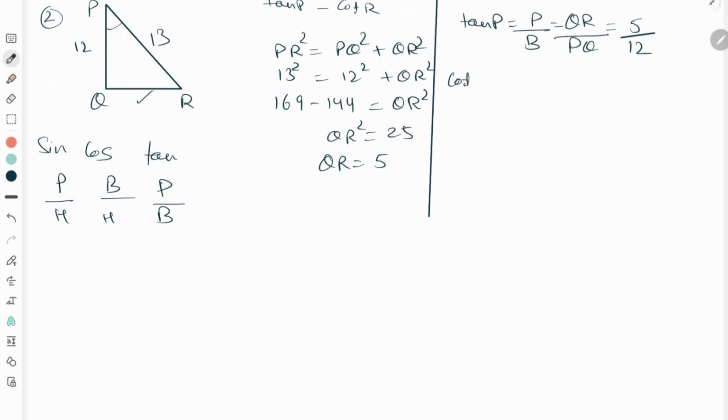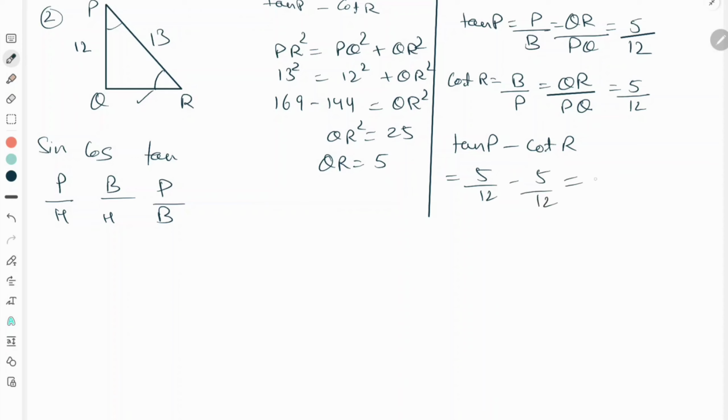Now let's find cot R. So cot R will be base upon perpendicular, and in case of R the base will be QR, again QR, and perpendicular will be PQ. So this will become 5 by 12, and now we have to find tan P minus cot R. So the final answer will be 0. So this is your final answer.